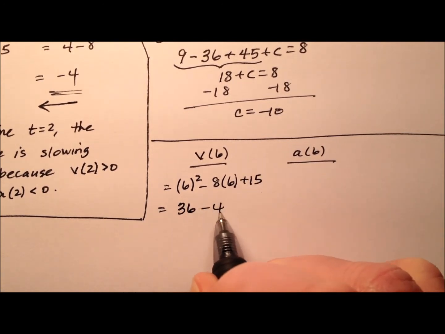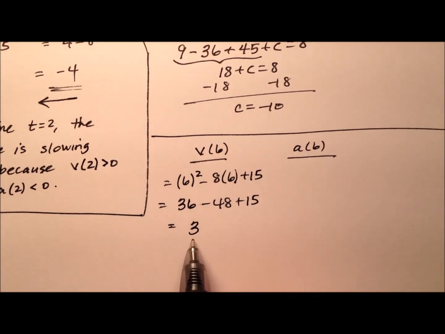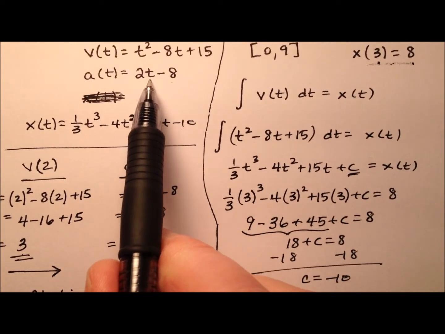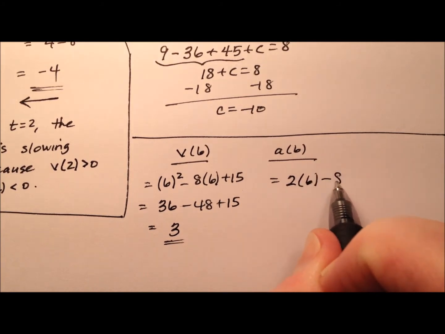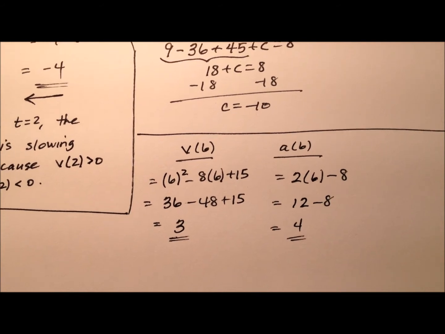So 36 minus 48 plus 15 looks like 3 again. And for a of 6, we're plugging 6 into our acceleration function. So 2 times 6 minus 8 is 12 minus 8, which is positive 4.